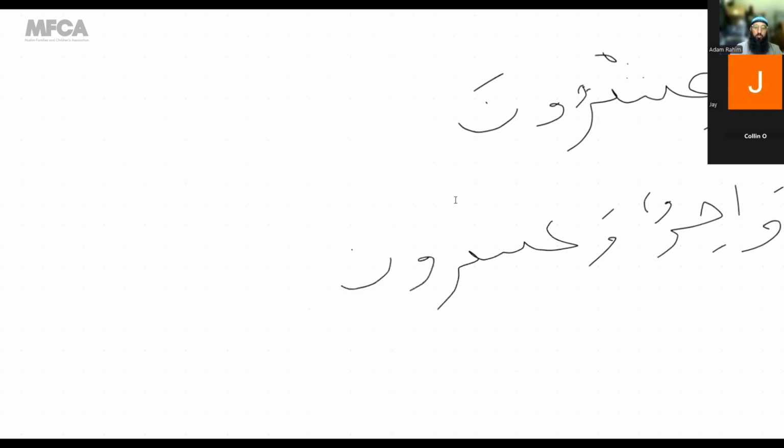So for example, if you want to say 21, it will be واحد وعشرون, which means 21.